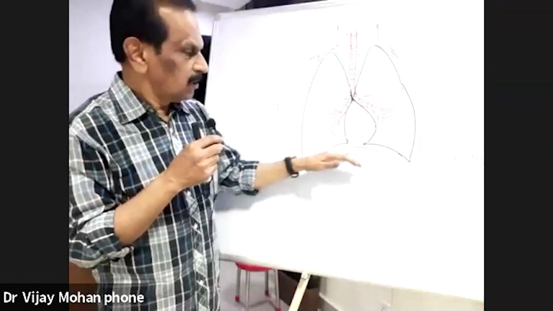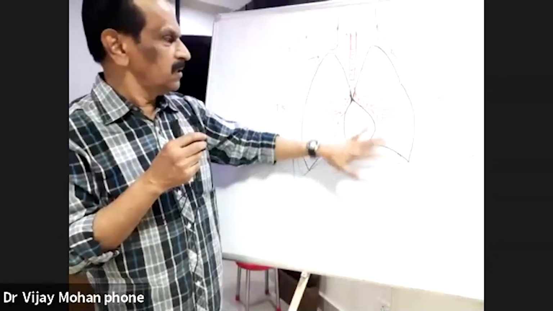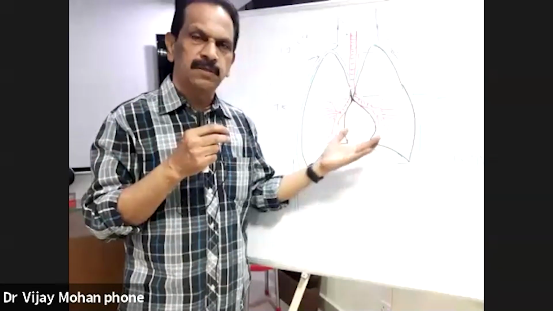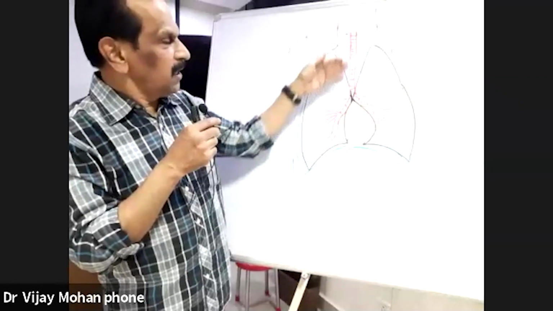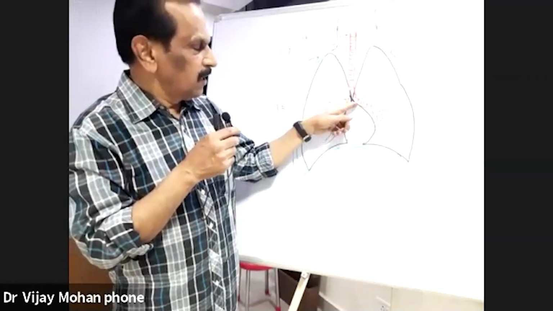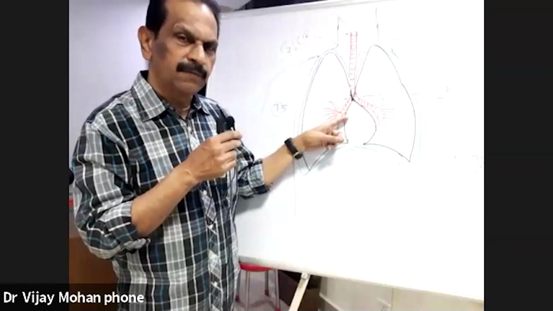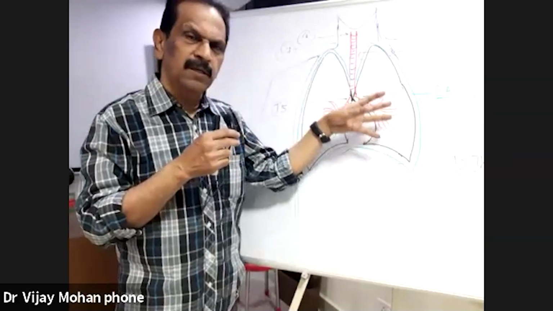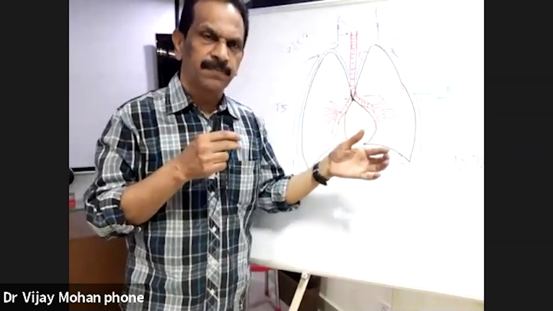And coming back, 12th rib is the last point of the chest. So this is basically roughly the anatomical position of the respiratory system, you should remember. And then when trachea bifurcates here into bronchi, right and left, and the bronchi again bifurcate, trifurcate, like that, it goes on dividing several times.